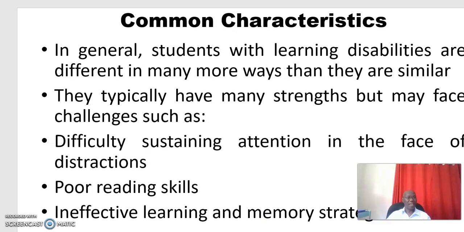Now, I want us to look at the common characteristics that these learners with learning disabilities have. In general, students with learning disabilities are different in many more ways than they are similar. They typically have many strengths, but may face challenges such as difficulty sustaining attention in the face of distractions, poor reading skills, and ineffective learning and memory strategies.